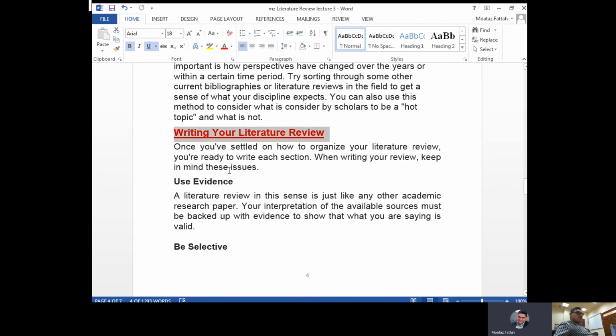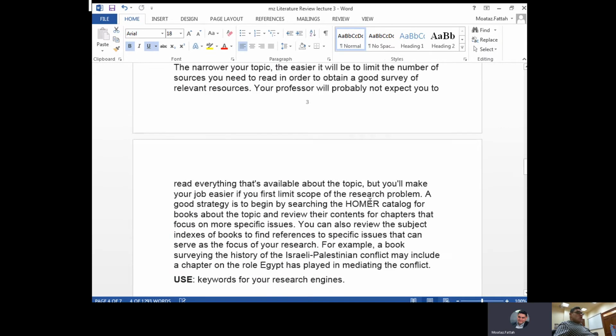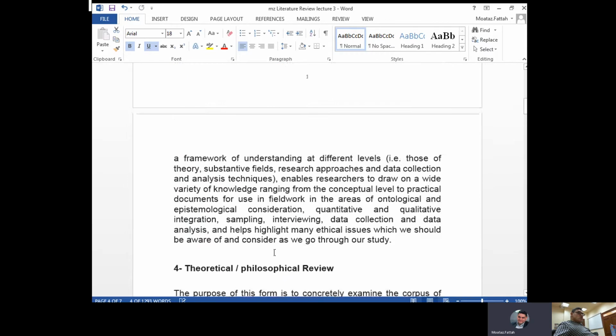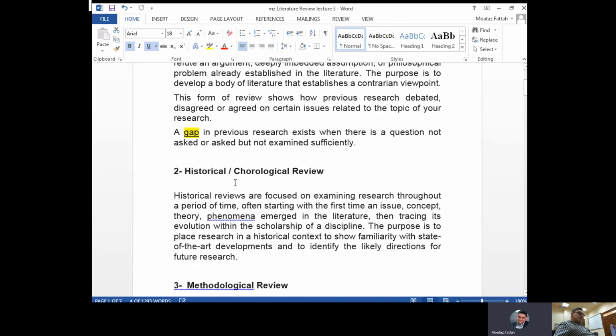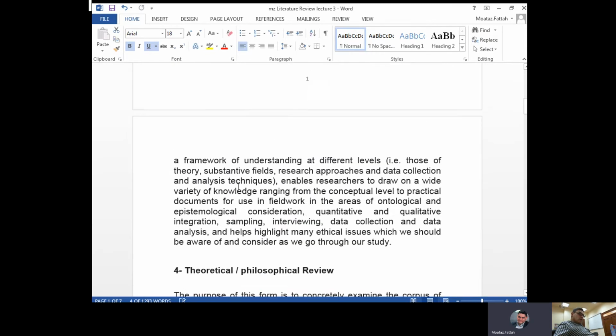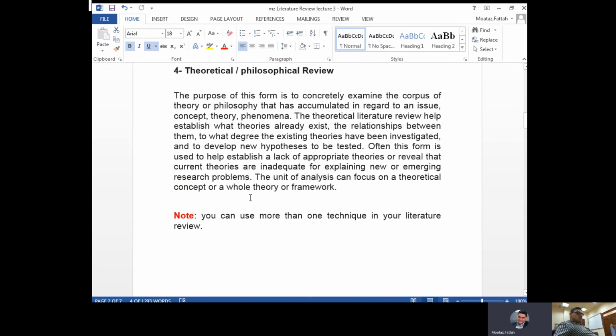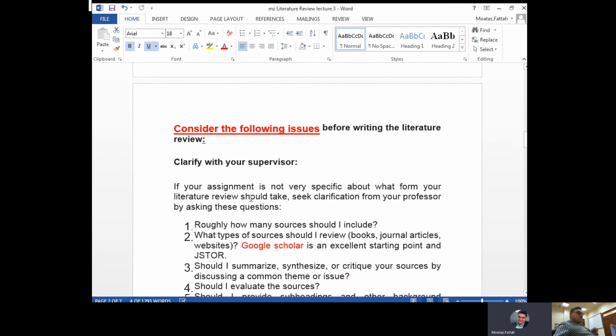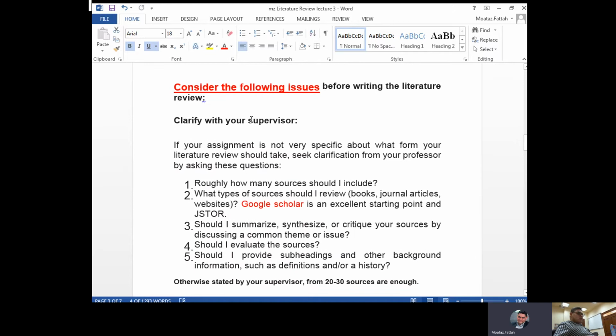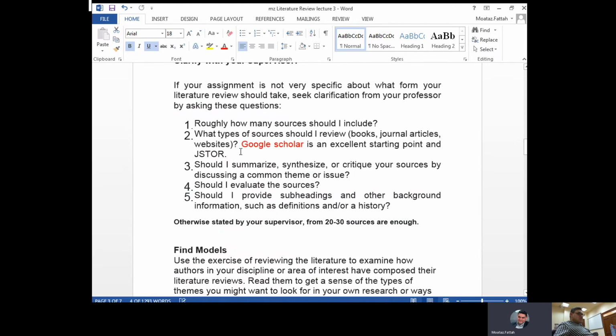Okay, writing your literature review. Now you know that you will use one of these techniques to do your literature review. You need to talk to your supervisor to understand what's really expected.